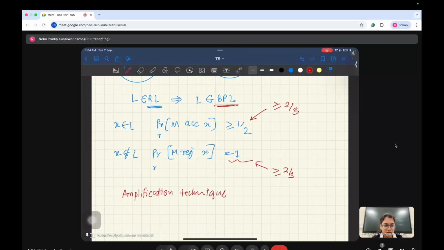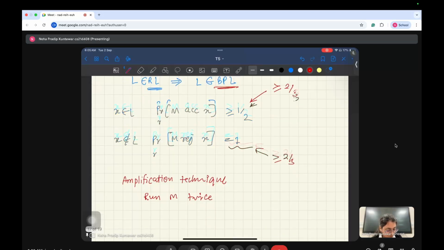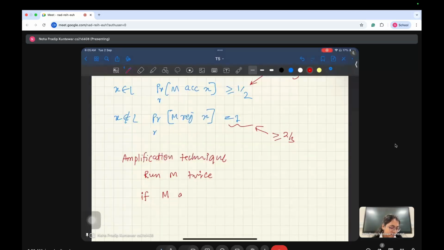It's enough to just use it once. So we're going to run M twice, and if M accepts at least once, then we are going to accept, and otherwise we are going to reject.